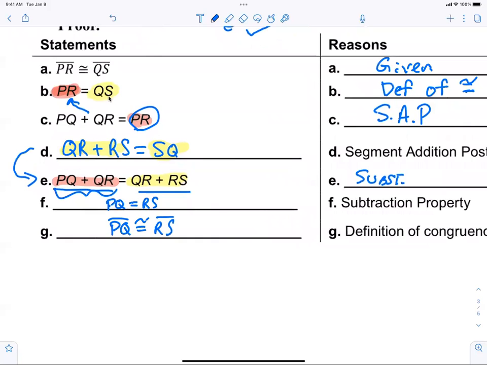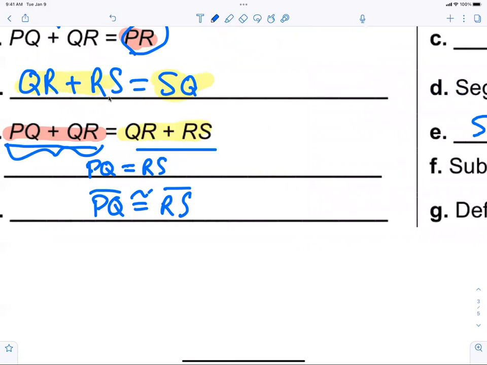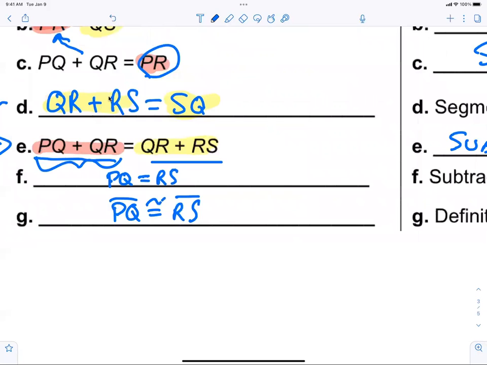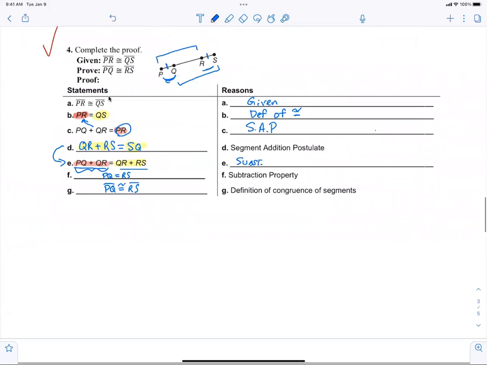So when you say PQ is equal to RS, that's referring to the lengths. PQ is congruent to RS is referring to the segments. Small technicality. And if you leave PQ equals RS out by mistake, do I really care? I don't really care, but I just want you to see that. Is everybody happy with that? If you were able to do that, I'm pretty happy. You actually are right where you should be.